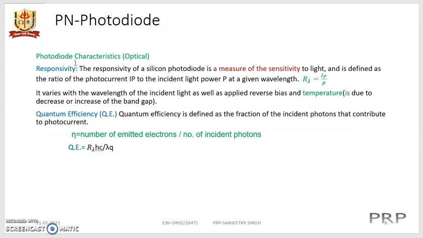Now let's see the photodiode characteristics. Responsivity: the responsivity of a silicon photodiode is a measure of the sensitivity to light and is defined as the ratio of the photocurrent IP to the incident light power at a given wavelength.